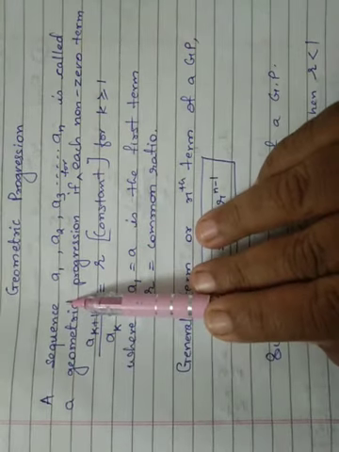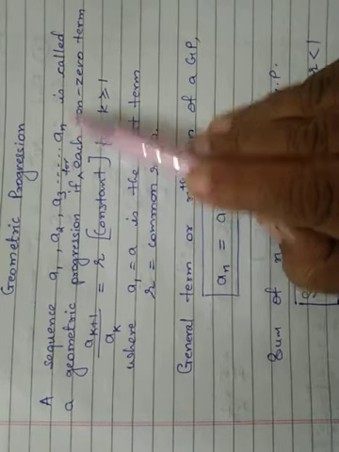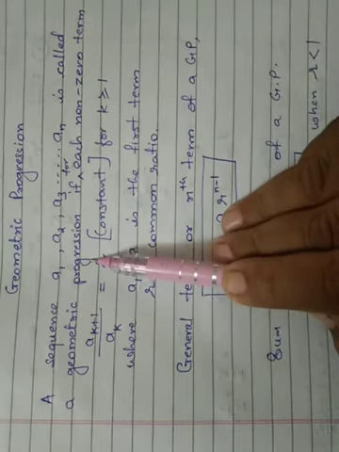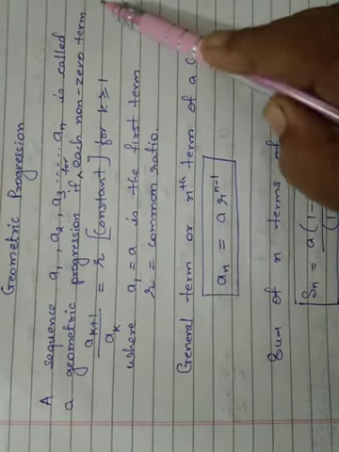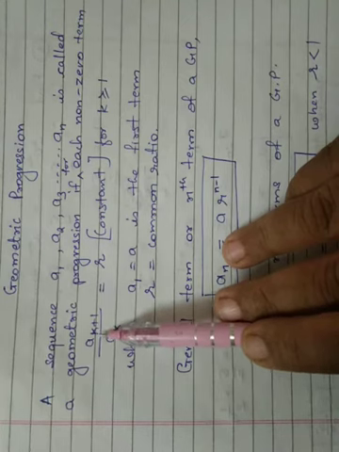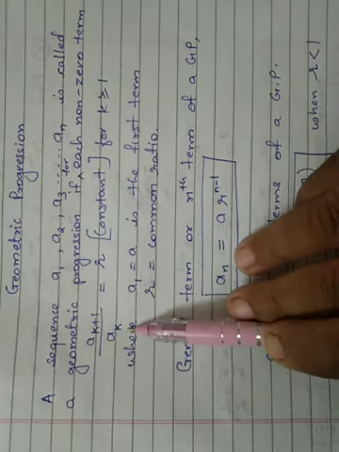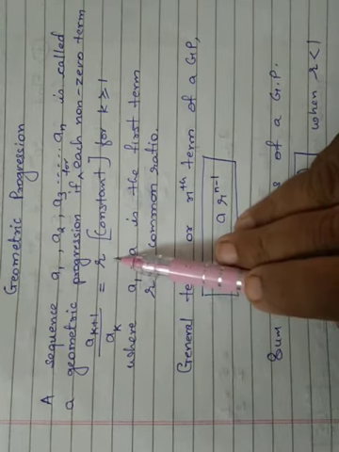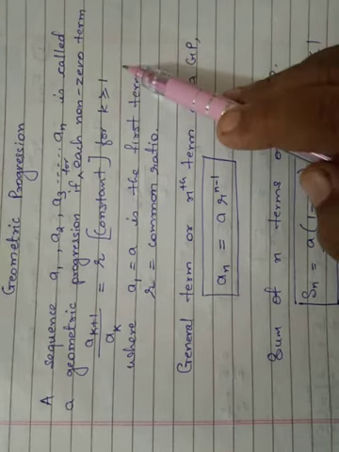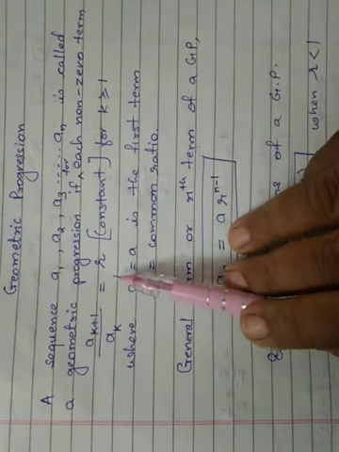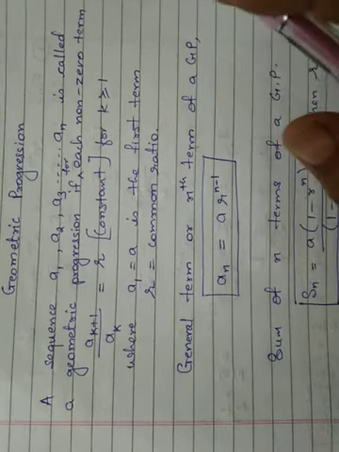So a sequence A1, A2, A3 dot dot dot up to AN is a geometric progression if for each non-zero term the ratio of the term upon its previous term remains R, which is a constant, for any k greater than or equal to 1. If such a thing happens, then I say that it is a geometric progression.